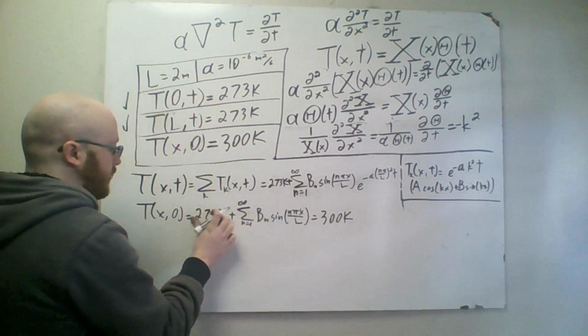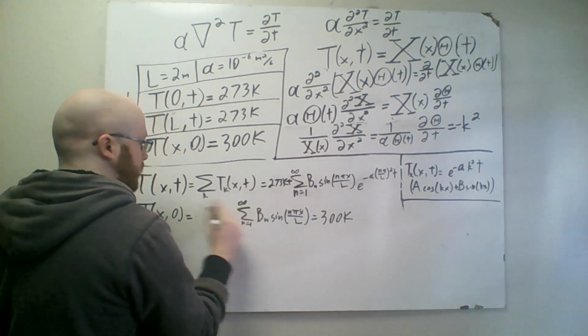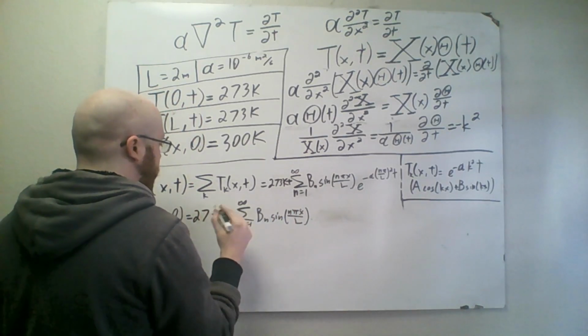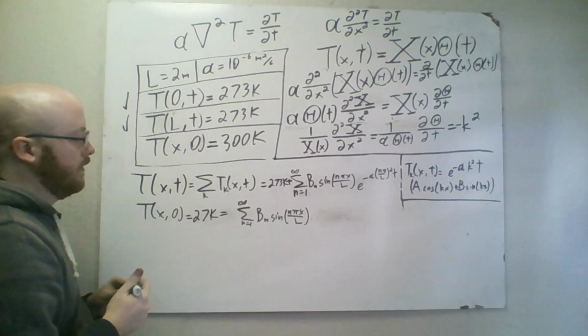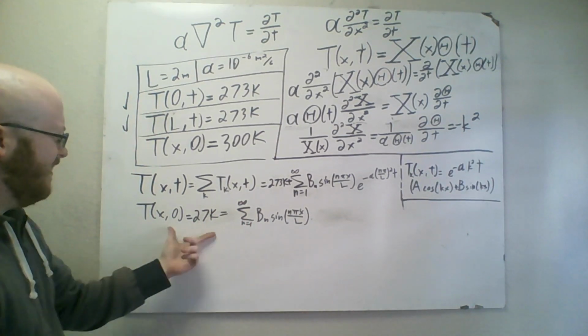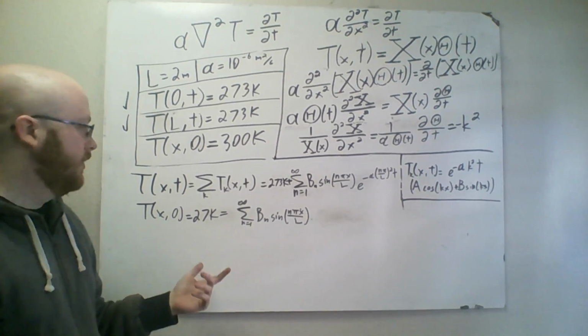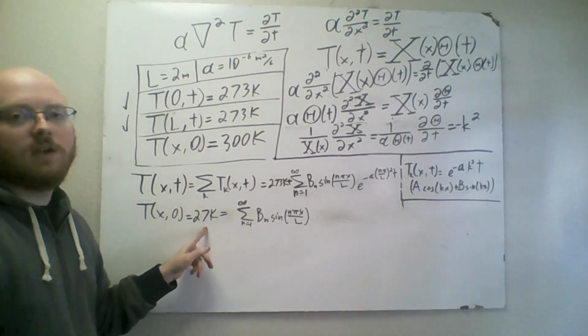We can subtract the 273 from both sides to get 27 Kelvin. Okay, so now we kind of have a weird scenario. We have a bunch of signs added up together equaling a constant.